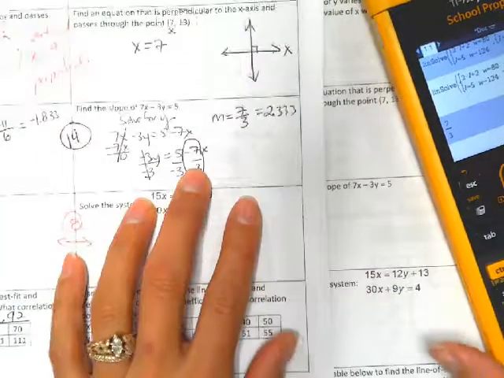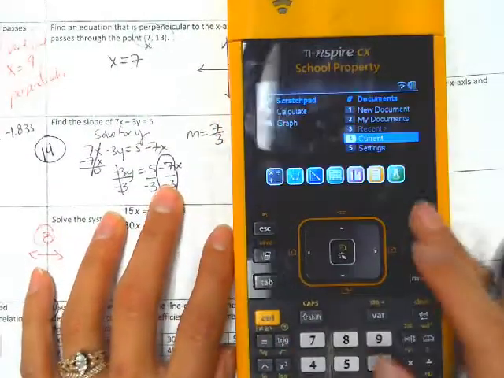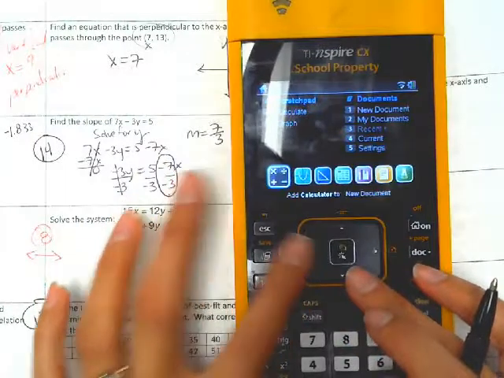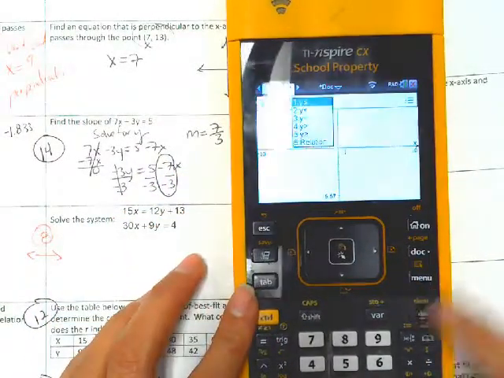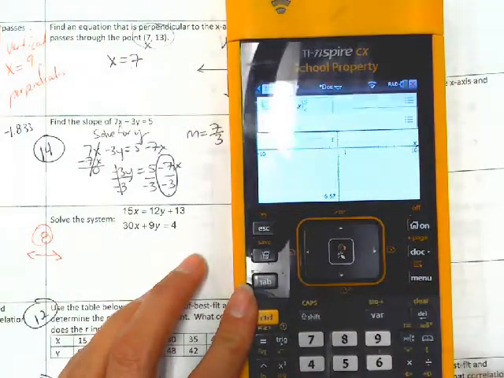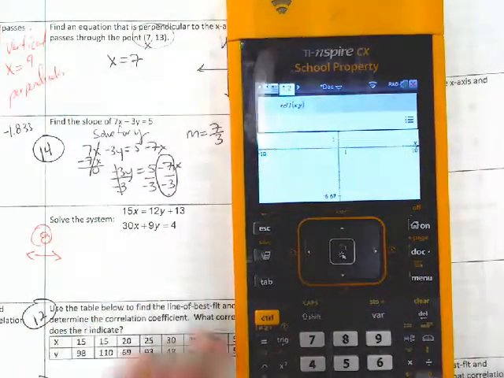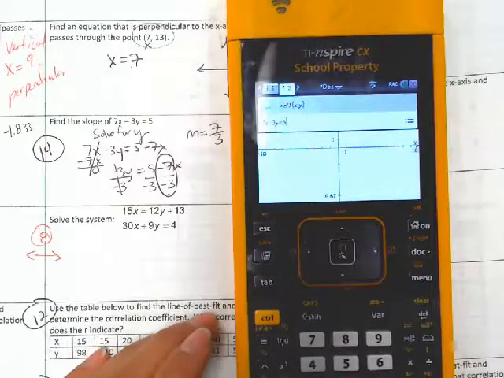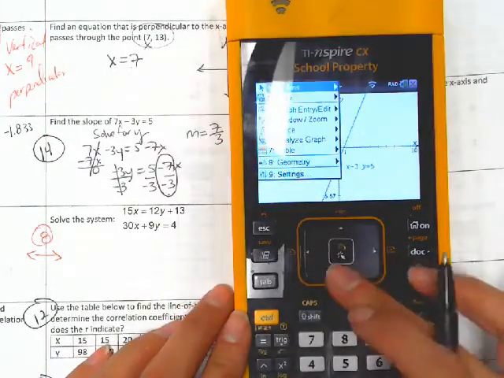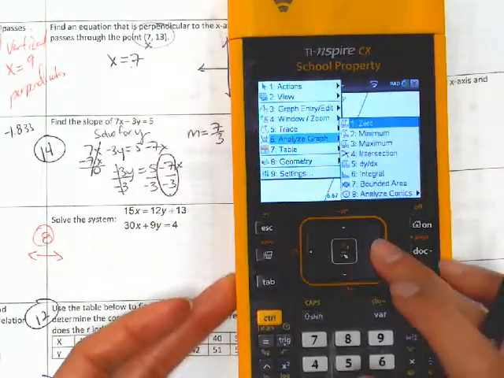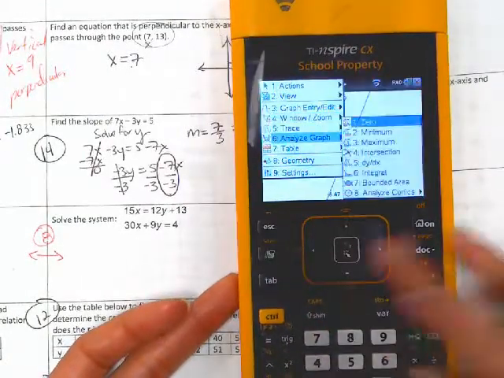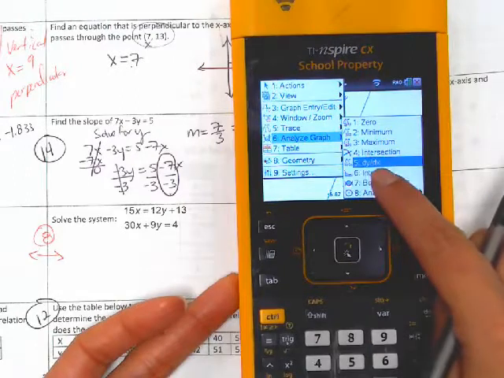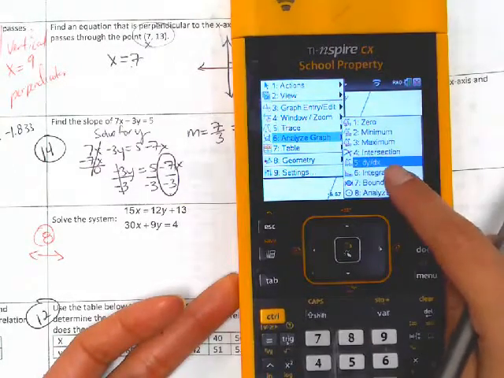Now, if you don't want to do it by hand and you want to use the calculator, then you're going to have to open a graph, delete the equal sign, select relation, plug it in. Okay, and then if you go menu, analyze graph, and dy dx, dy dx is the same thing as change in y over change in x, which is our slope.